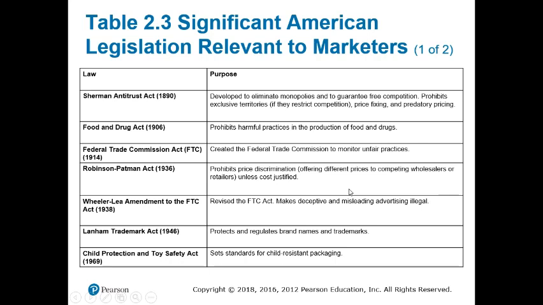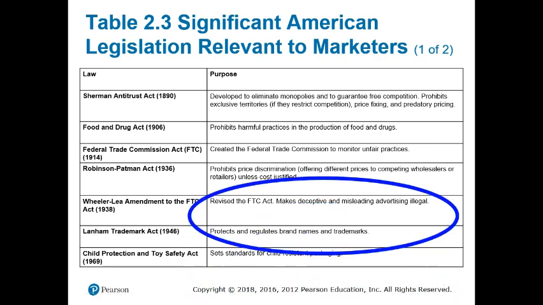But some of these have clear, direct implications with the practices of marketing, like the one we see circled now in blue on this screen, the Wheeler-Lee Amendment to the Federal Trade Commission Act in 1938, which deals with deceptive and misleading advertising practices.